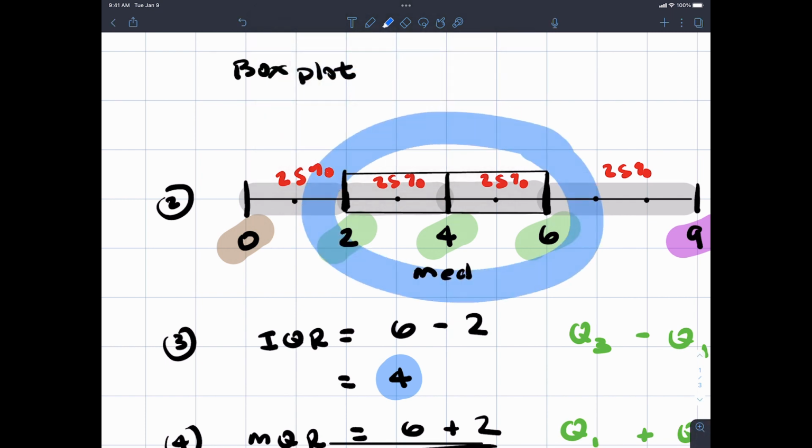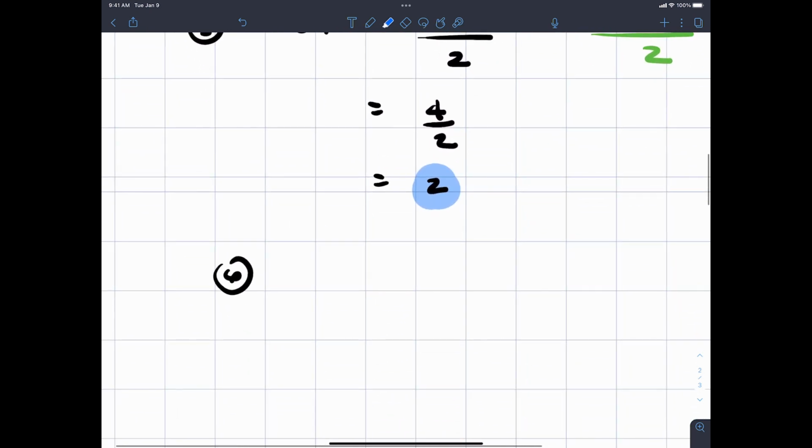See this here? They're talking the middle 50%, 25 and 25. So what does that mean? That middle 50%, students get between how many hours of sleep? Between 2 and 6. So you're saying they get really between what? 2 and 6 hours.